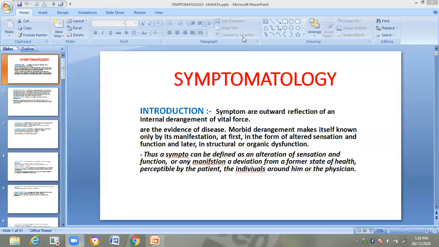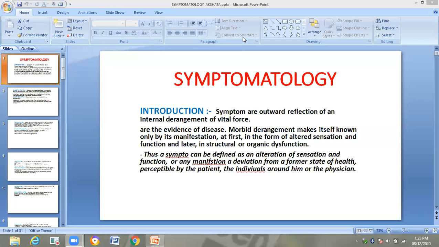So the totality, or considering all the signs and symptoms which are felt by the diseased person, which are given by the people around the patient, as well as which are observed by the physician.